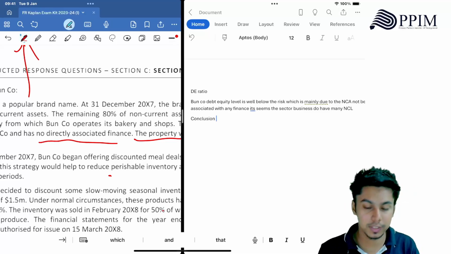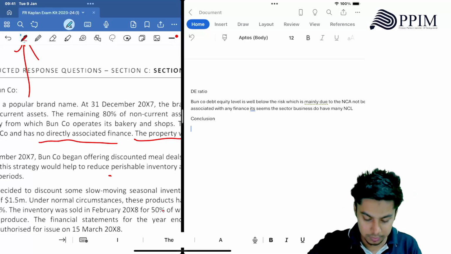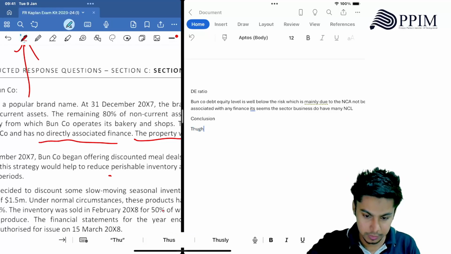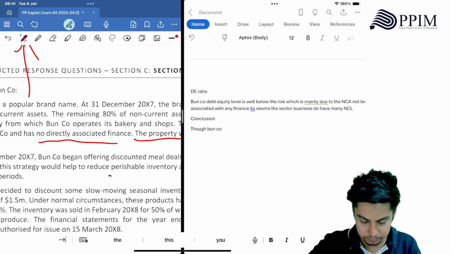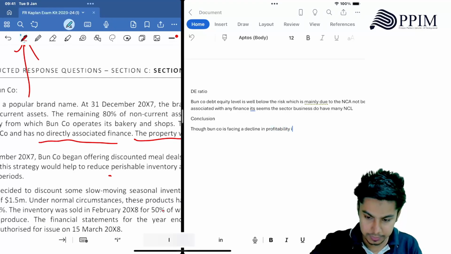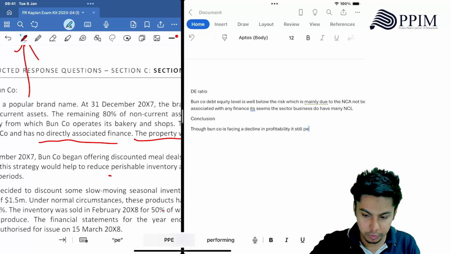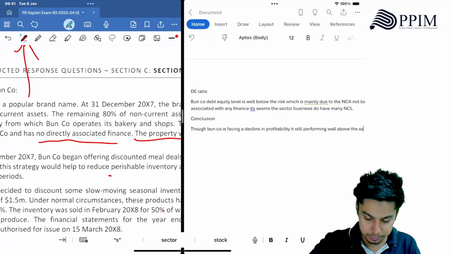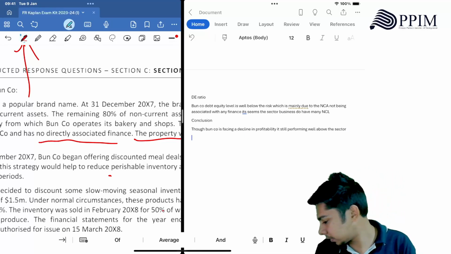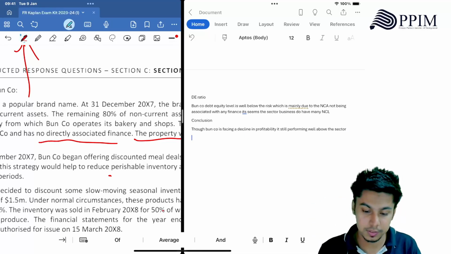All good, guys. Shall we then give the conclusion? So we can say, though one corporation is facing a decline in profitability, it's still performing well above the sector.